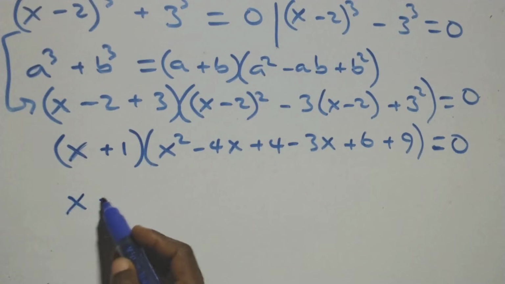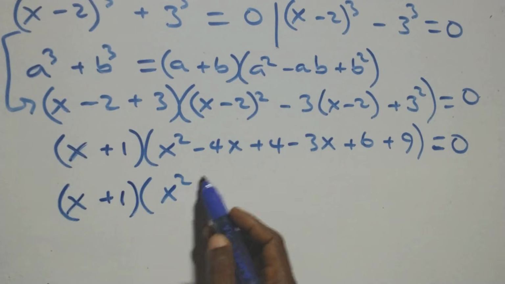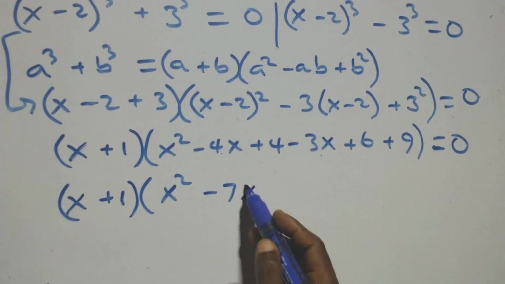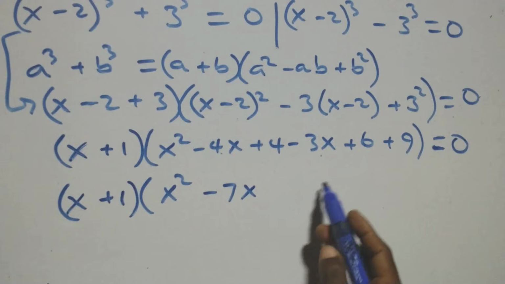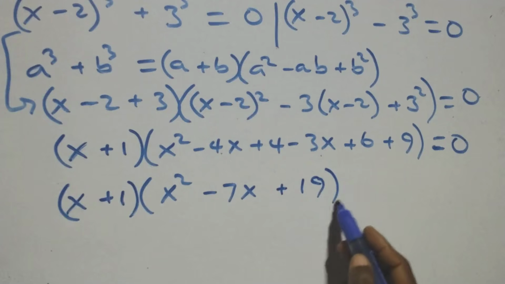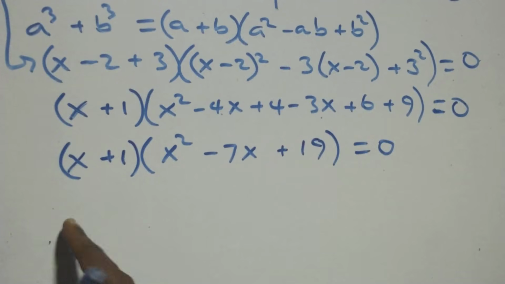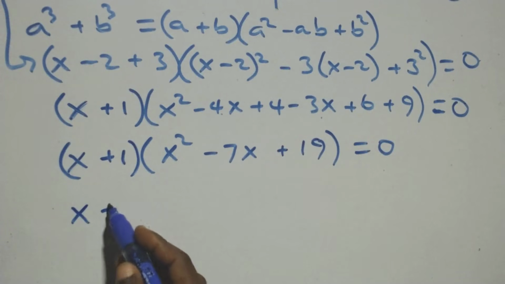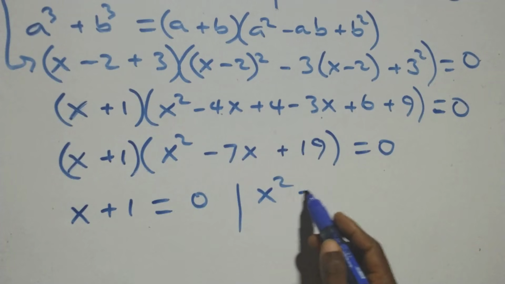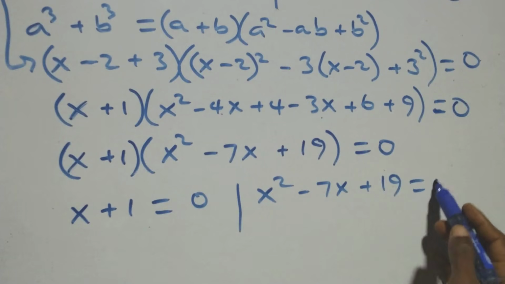Also, this becomes (x plus 1) into (x square minus 4x minus 3x, we have minus 7x, 9 plus 6, 15, 15 plus 4, that's plus 19) equals 0. Also, we have two possible cases here. First one, x plus 1 equals 0, or we have x squared minus 7x plus 19 equals 0.